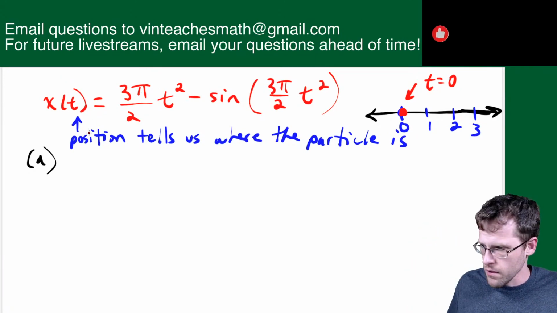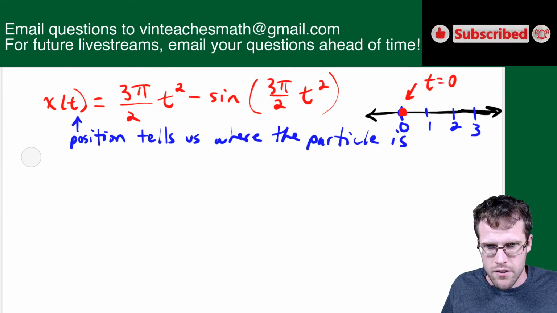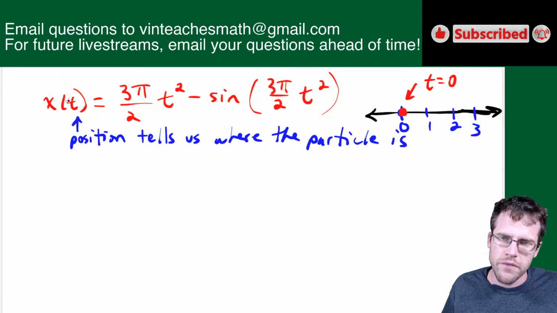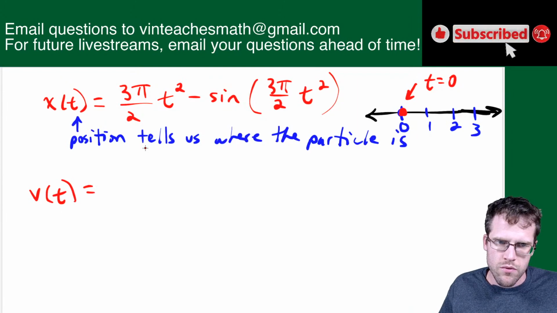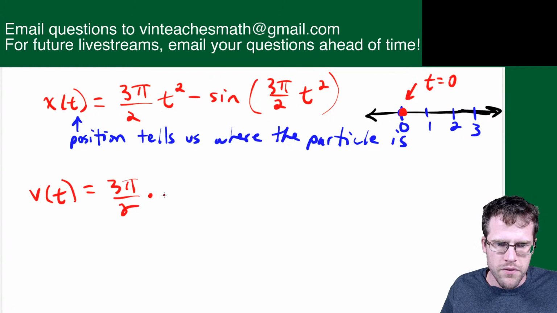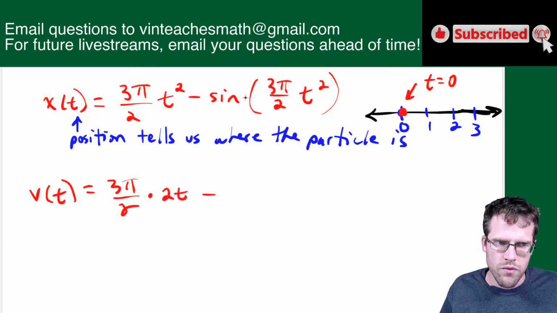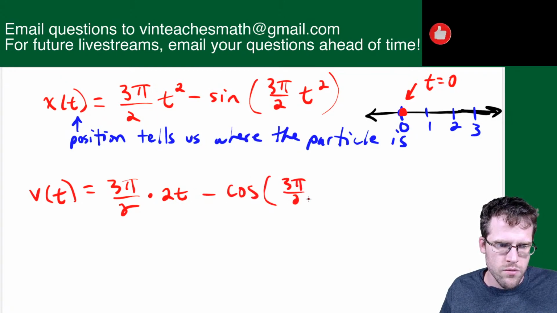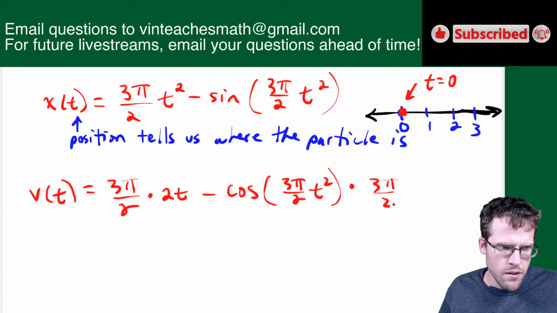So part A, they ask you to find the velocity, and that's just technique. Velocity is the derivative of position, the rate of change of position. So velocity would be the constant 3 pi over 2 times the derivative of t squared, which is 2t, minus, by the chain rule, the derivative of the outside, cosine, keeping the inside as 3 pi over 2 t squared, times the derivative of the inside, which is 3 pi over 2 times 2t.